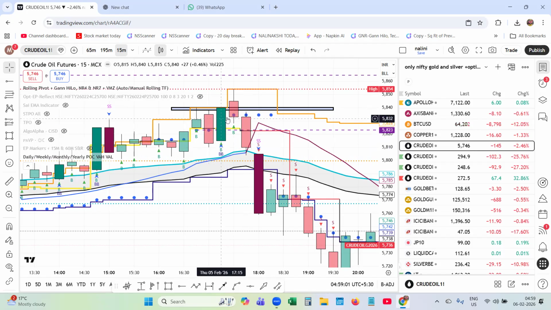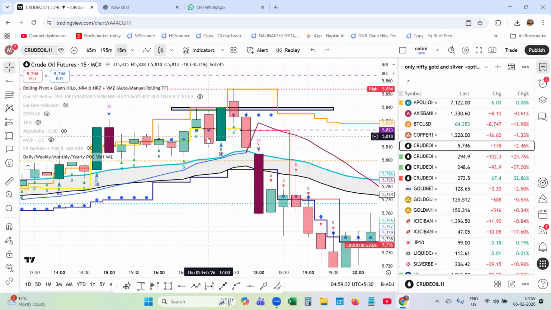There are buy signals for each candle on my indicator, and this candle doesn't have any signal at all. That is neutral because the price lost its balance because it is closing below.